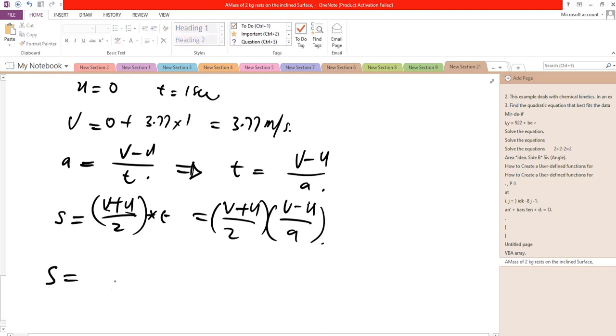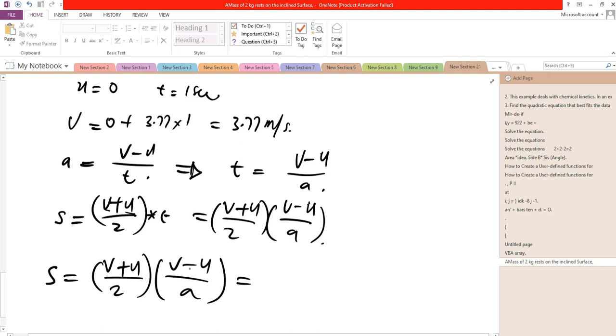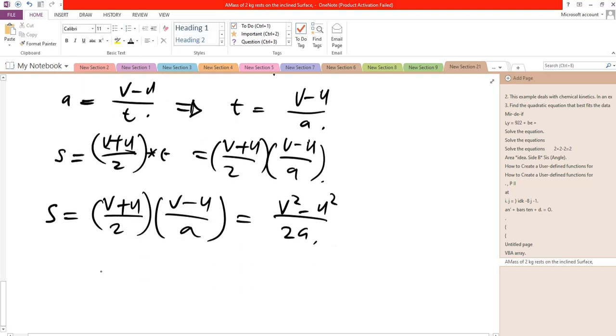So that means x is equal to v plus u all over 2 times v minus u all over a. Now if you expand this, you have v square minus u square all over 2a. Now we are looking for how long it will move after the rope must have been cut.